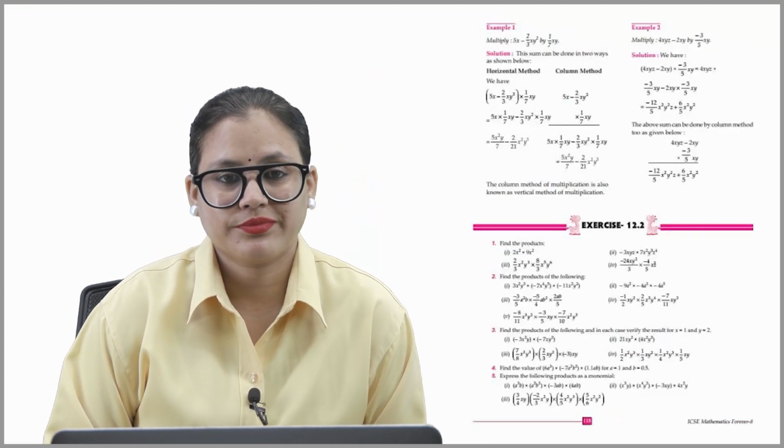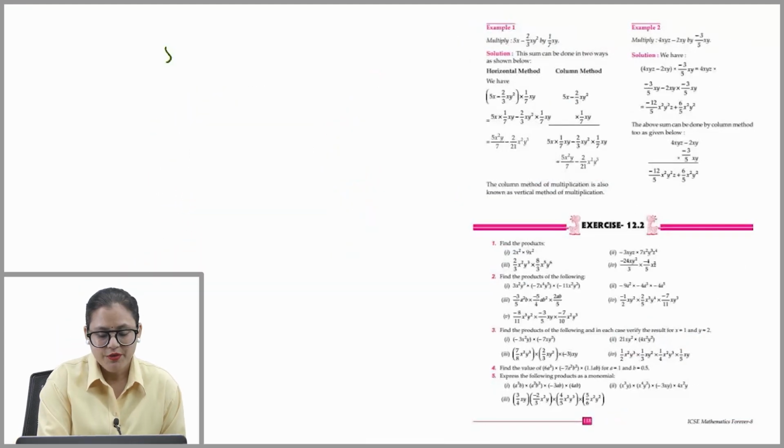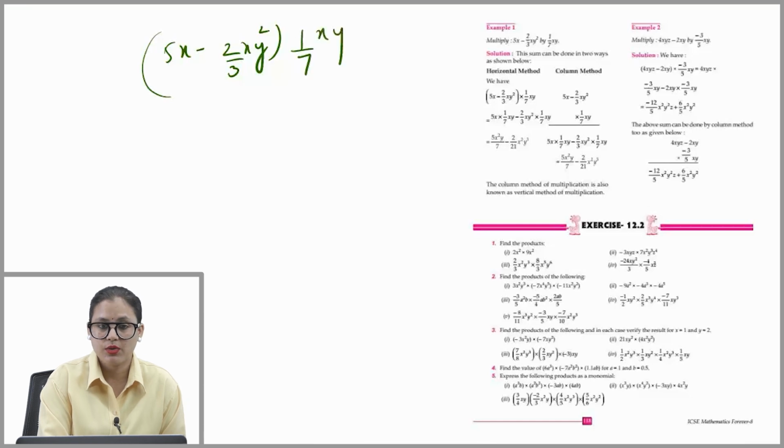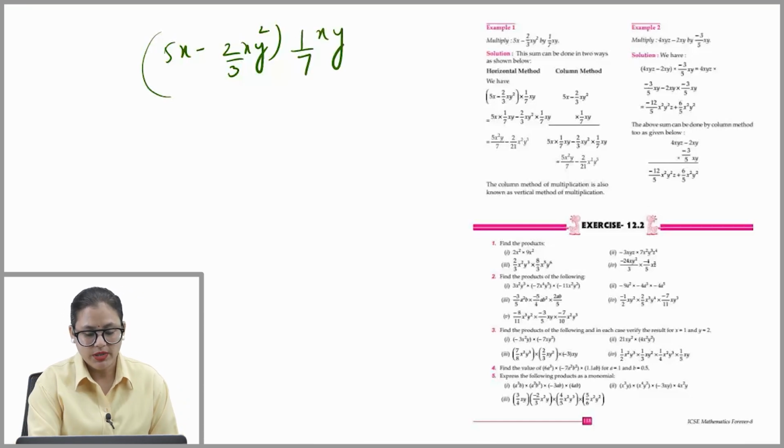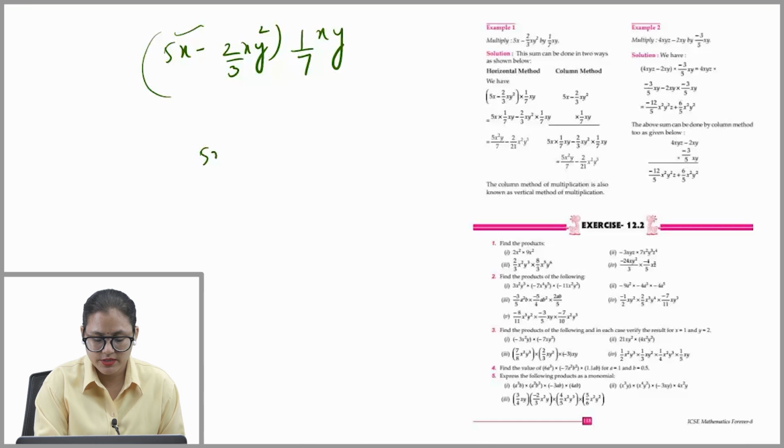Example, we have to multiply 5x minus 2 by 3xy square by 1 by 7 xy. So first you will multiply 5x into 1 by 7 xy, then minus 2 by 3 xy square into 1 by 7 xy.